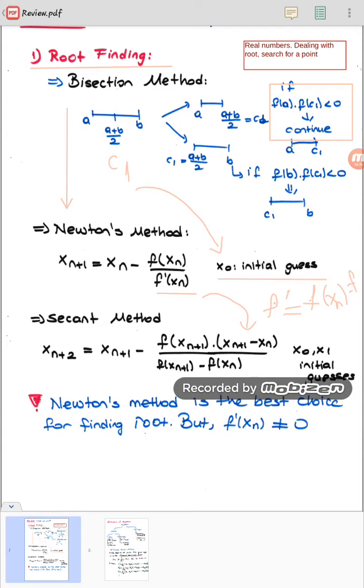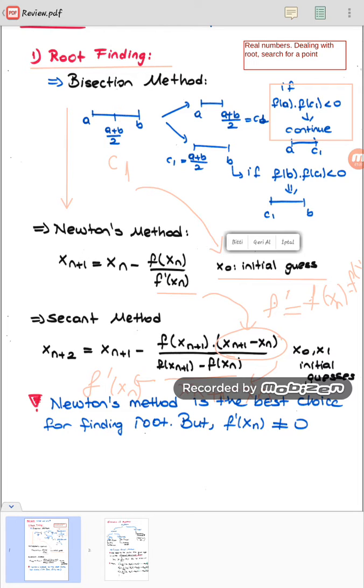So the quotient involving x_{n+1} minus x_n corresponds to the derivative of f at the point x_n.